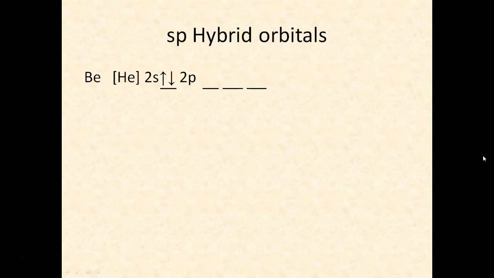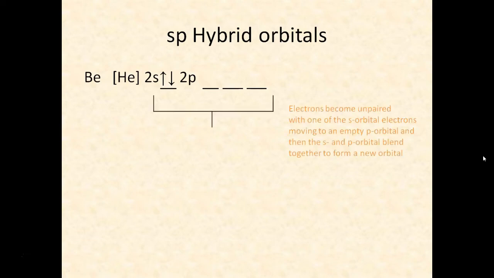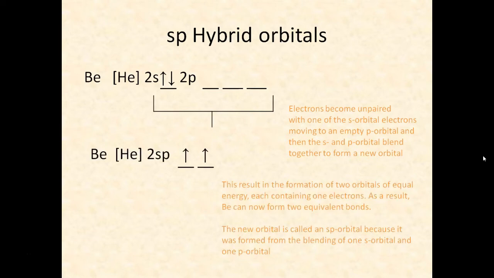Well, in the second energy level, beryllium not only has access to s, but it also has access to p orbitals. And we can see our three p orbitals here, and they're all empty. So what can happen is that the electrons can become unpaired. One of the electrons from the s will go to a p orbital, and then the s orbital that still contains an electron and the p orbital that has gained the electron will blend together, hybridize, and give us a new orbital.